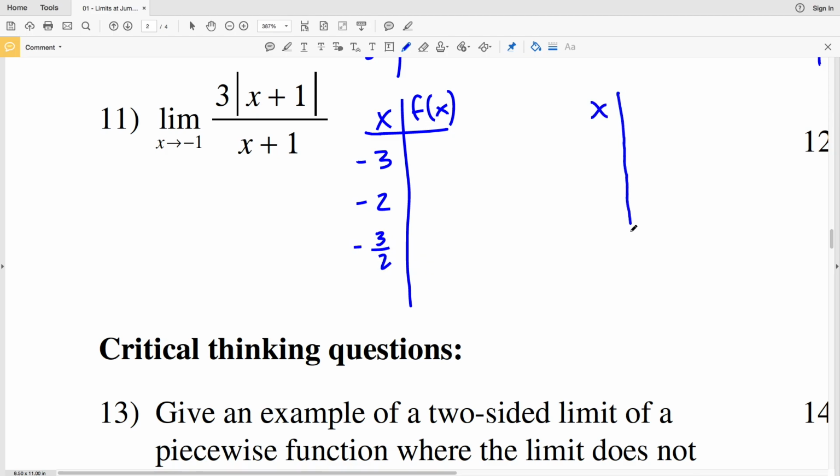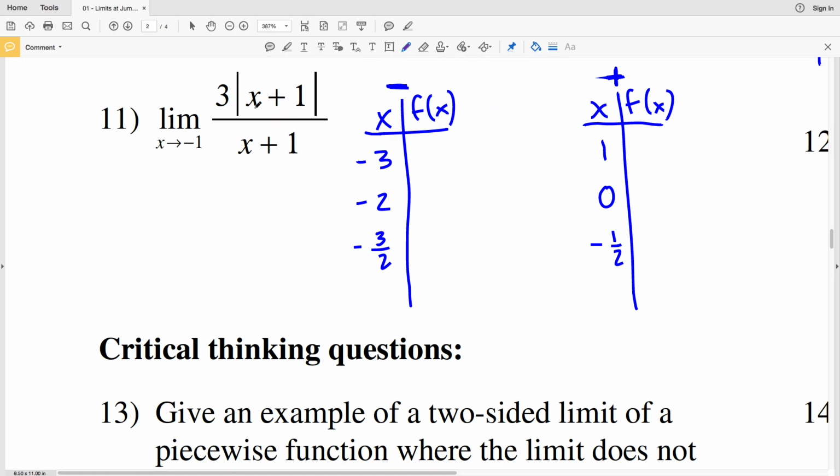And then I'll look at this function coming from the right. So I'll go from 1 to 0 to negative 1/2. So here we're coming from the right, and there we're coming from the left. So these limits need to be equal in order for the limit as x approaches negative 1 to exist and have a value. So let's plug in numbers and solve.